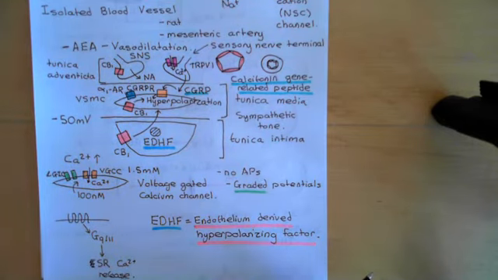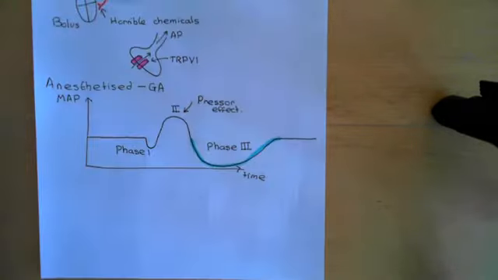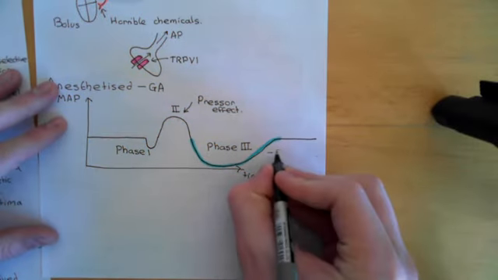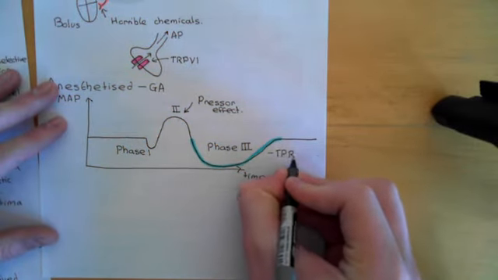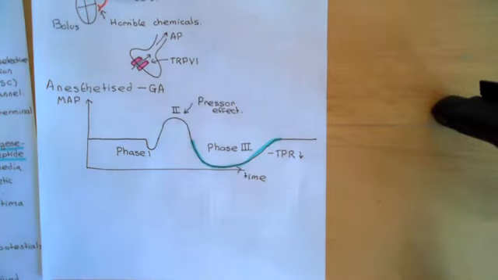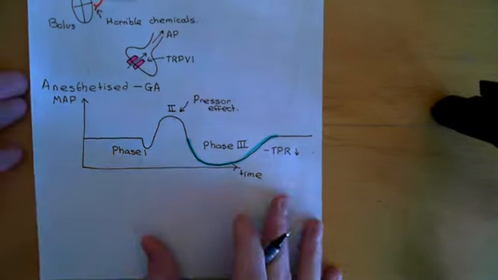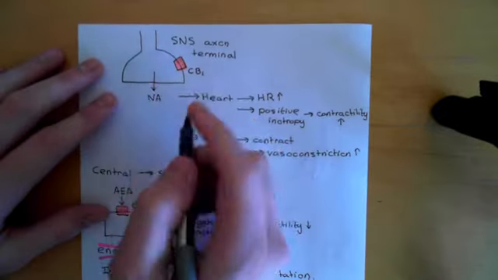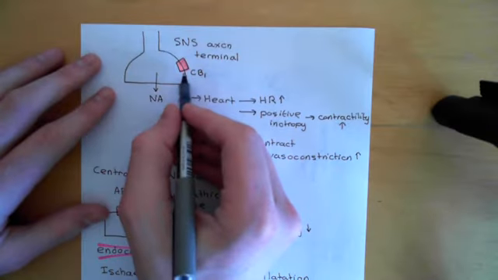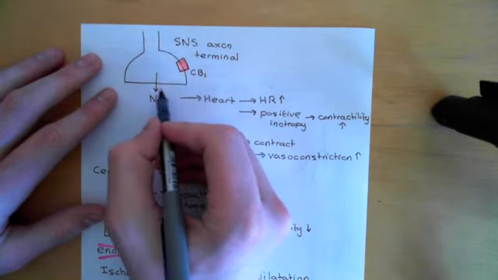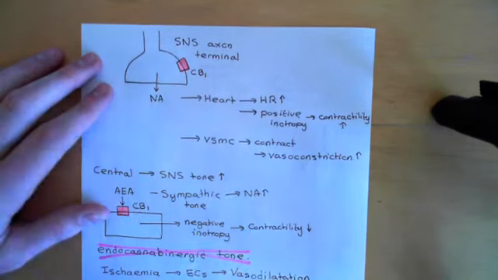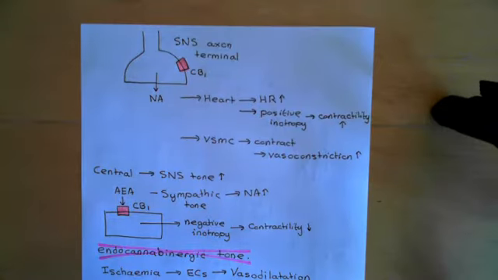So the overall effect now is vasodilatation, and therefore in this phase total peripheral resistance is going to be going down. Okay. In addition, if we think about what the effect on the heart is, firstly, you decrease sympathetic tone to the heart because of the CB1 receptors on the sympathetic nerves that innervate the heart, which will decrease the amount of noradrenaline that those fibers are going to release in response to each action potential.